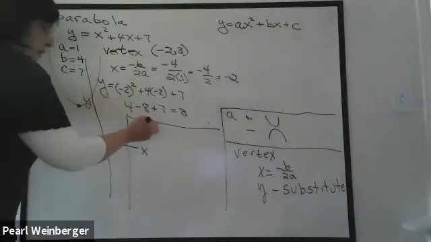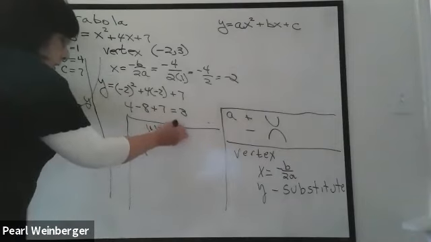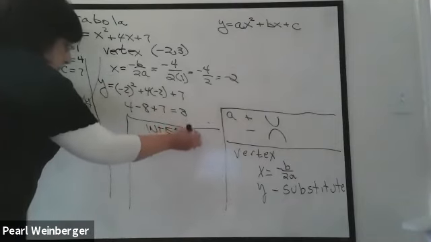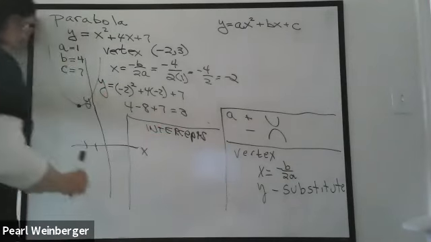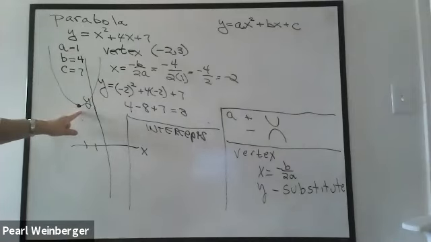Other things you might be interested in finding are the intercepts. Now, if I look at this, there actually are no x-intercepts. Since this is an opening up parabola, it has a minimum point.